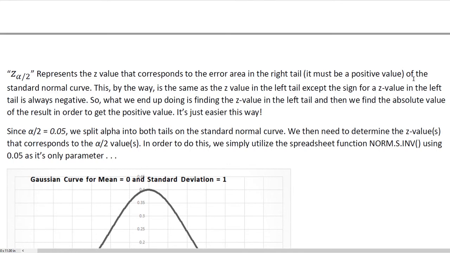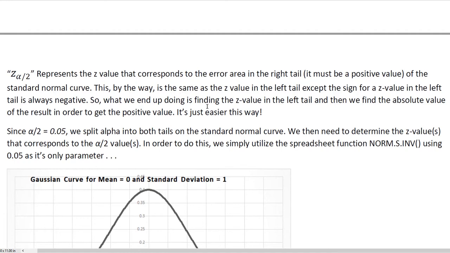In the future, we're going to talk about something called hypothesis testing. And in hypothesis testing problems, the z sub alpha over 2 could be positive or negative. But for confidence intervals, we always use the positive z value. So we're using the one that corresponds to the right tail.